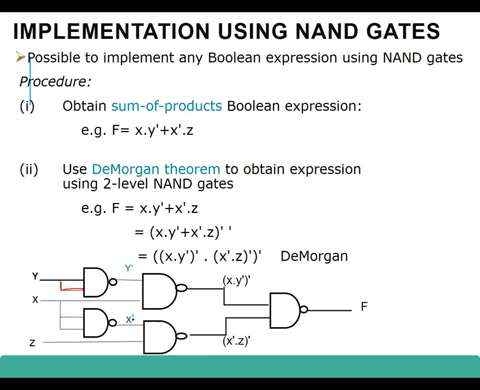Okay, and X complement is taken by taking X and giving the same value for the two inputs of the NAND gate. Okay, so lastly you can input both of these into this NAND gate and you will get the corresponding equation. Is it clear to you now?